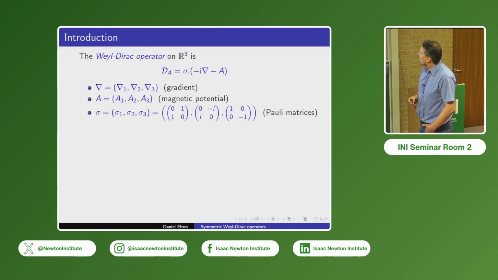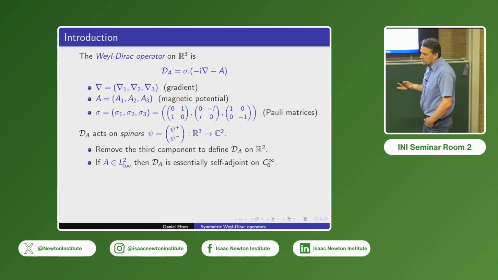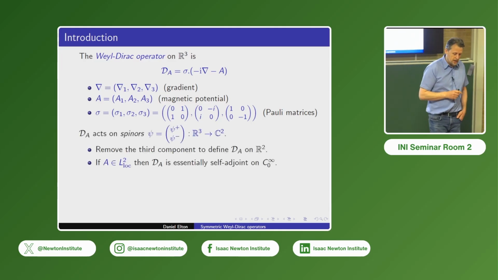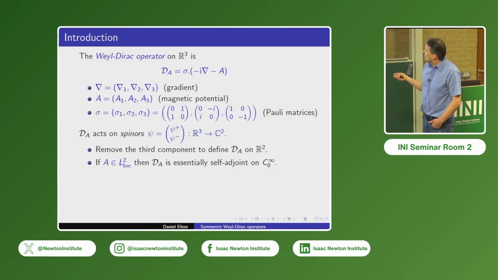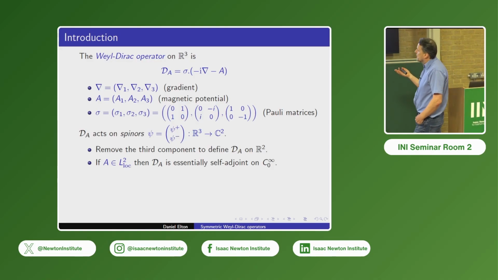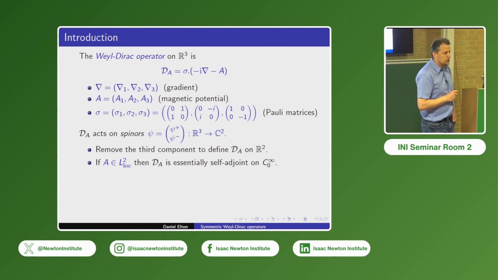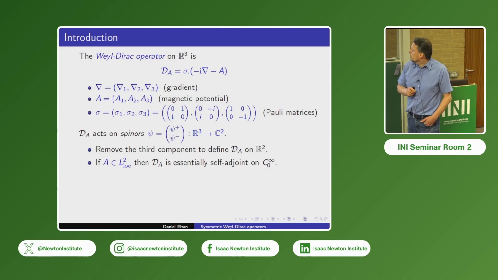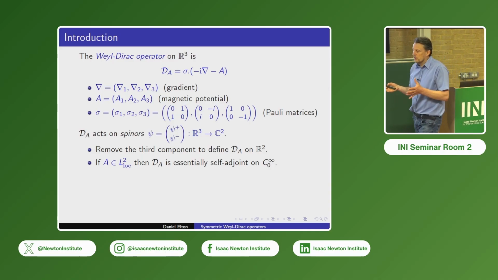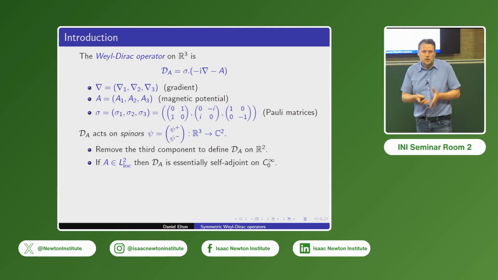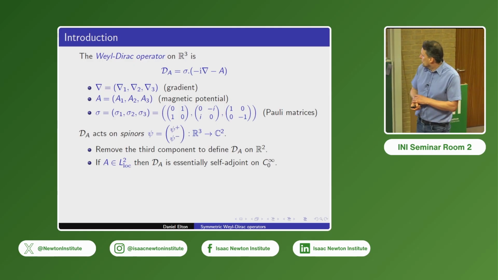Okay, so this is a familiar enough operator. It acts on 2 component functions, C2 valued functions on R3. If you take any magnetic potential that's reasonably regular, locally L2, for example, you can prove that this is an essentially self-adjoint operator if you start on compactly supported smooth functions. It gives a unique self-adjoint closure.